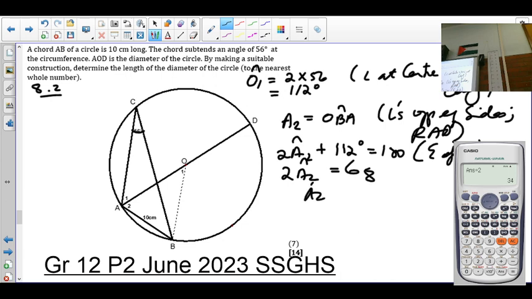So A2 is going to be 34 degrees. Okay, so that is 34, and the other angle of course is 34.